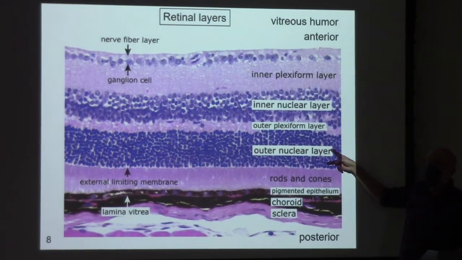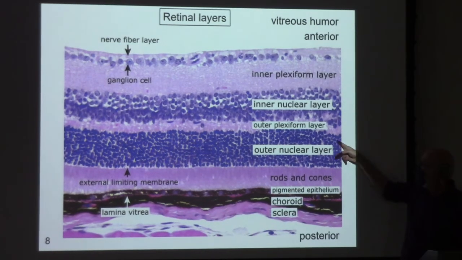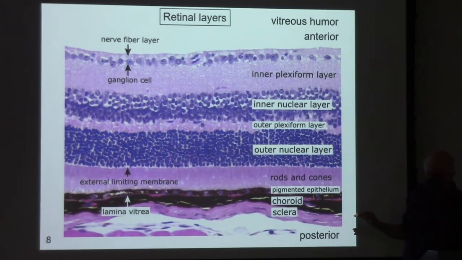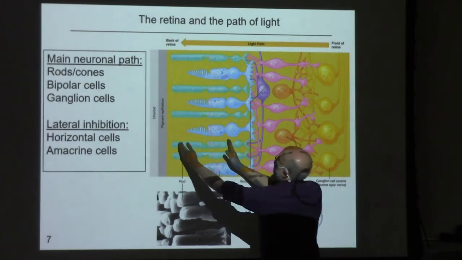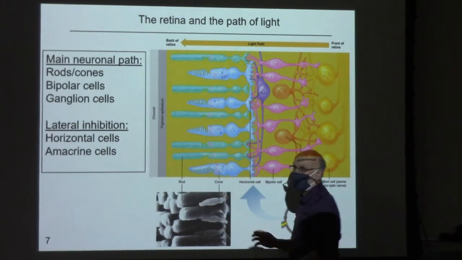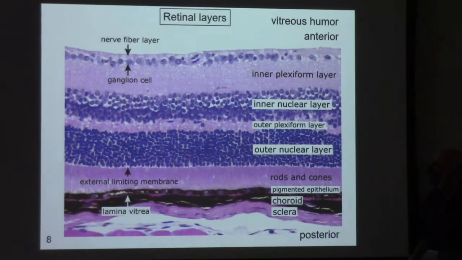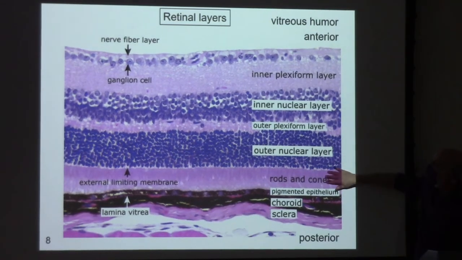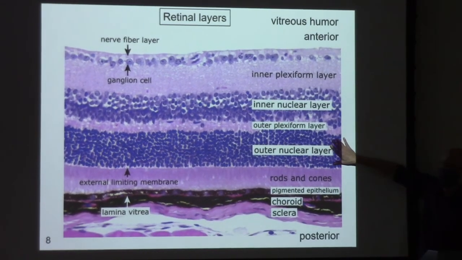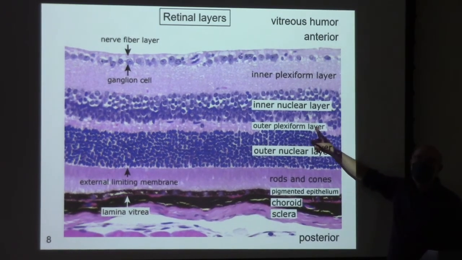Here are the cell bodies of the rods and cones. So this layer and this layer are the rods and cones. Really, this layer and this layer. So these are the rods and cones, the outer segments and the cell bodies. Plexiform is where the synapses are.